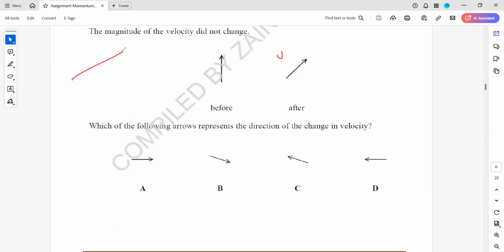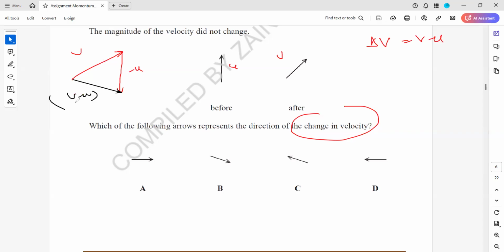So we drew the final, this is final, this is initial, but we don't draw initial, we draw negative initial. Why? Because the change in the velocity is always the final minus the initial. That's why when we join from the tail of the first to the head of the last, that will be the change in the velocity, which is final minus initial.